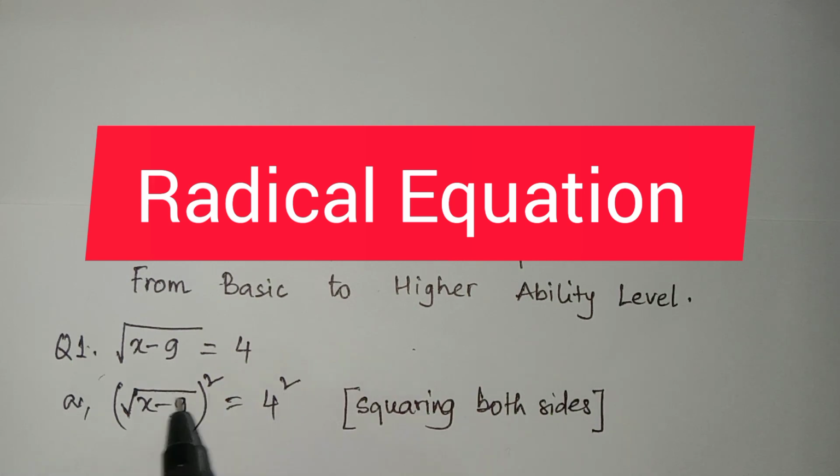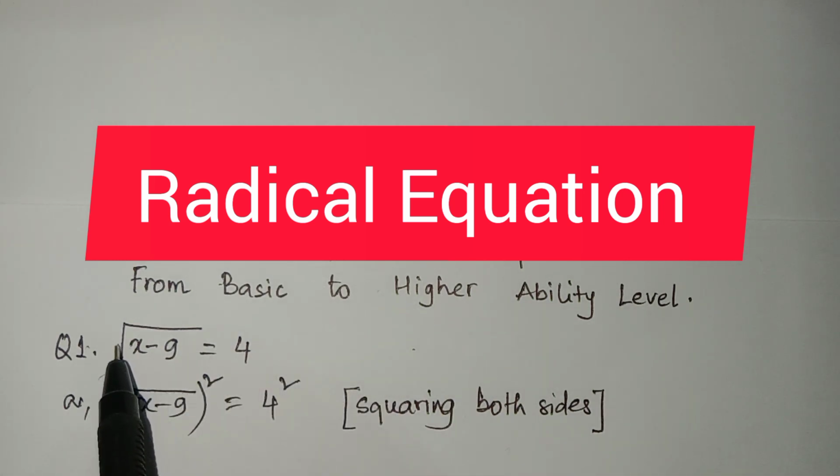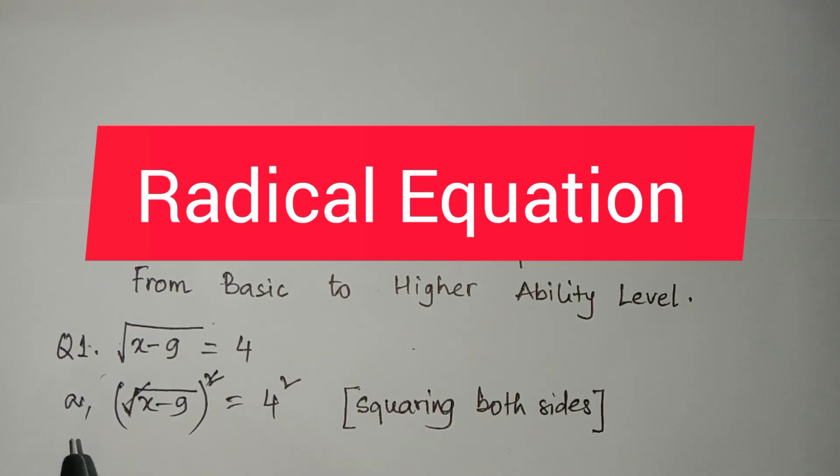And why do we square? Because this root has the order 2. If it has the order 2, we raise to the power 2; if it has the order 3, we raise to the power 3; if it has the order n, we raise to the power n. That's the concept. Now here this square is going to cancel this square root.